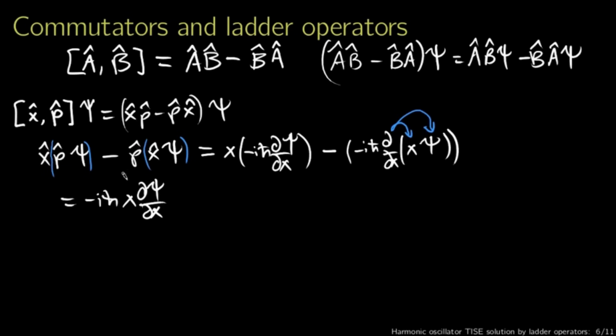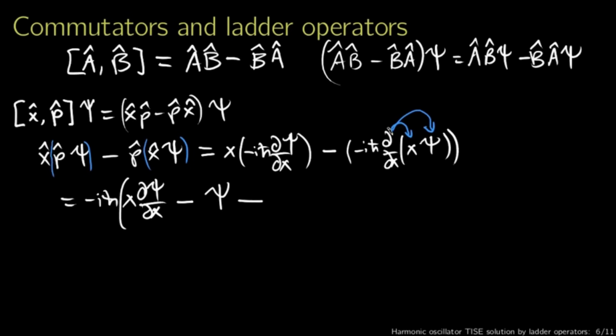Actually, let's factor out a minus i h bar from both terms, since they both have it. So x d psi dx is my first term here. Then I have minus, if I use the derivative on the x, the derivative of x with respect to x is just 1. So all I'll be left with is the psi remaining untouched in the product rule.